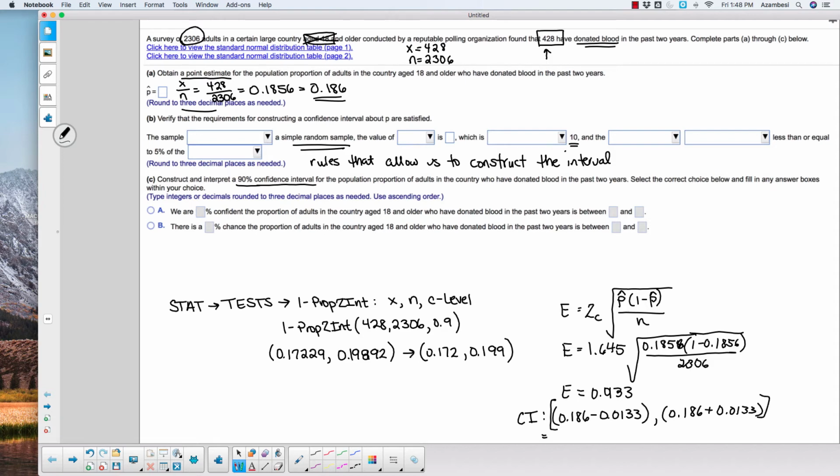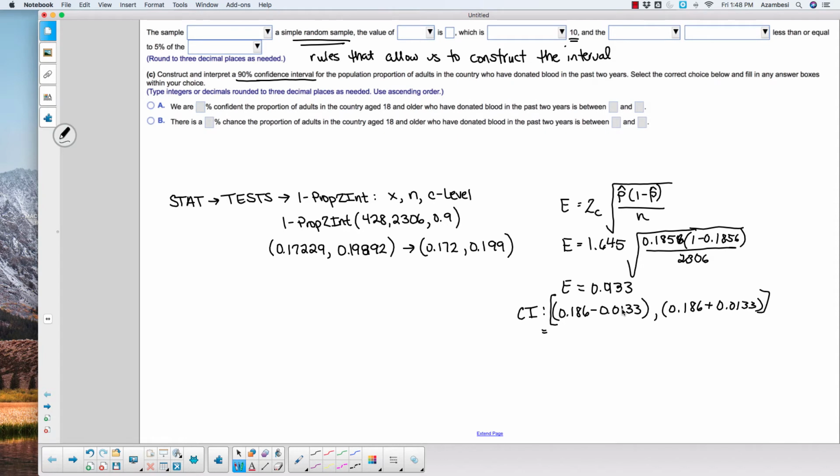So if we do that arithmetic, 0.186 minus 0.0133 gives me 0.1727 to 4 decimal places, and 0.186 plus 0.0133 gives me 0.1993.